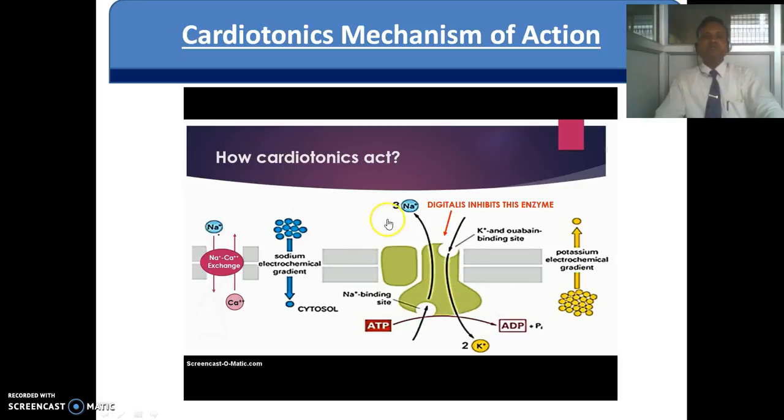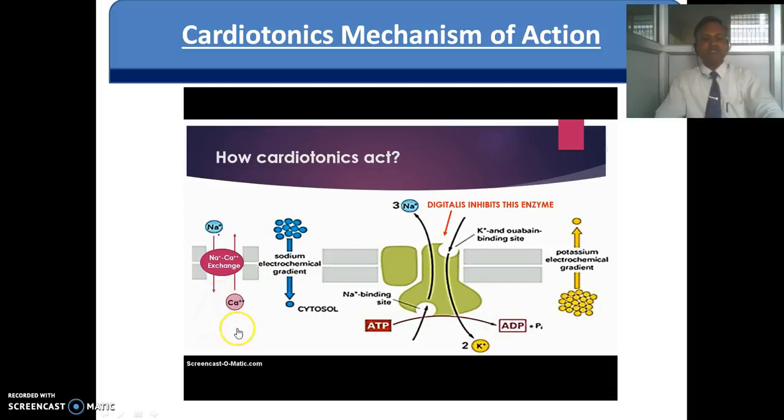Overall effect of this is the amount of sodium outside of the cell is reduced. Why? Because digitalis has blocked this process. Digitalis has stopped the activity of sodium-potassium ATPase enzyme. Now, the amount of sodium outside of the cell is reduced, so the sodium-calcium exchange mechanism is blocked, because there is no sodium available to get exchanged for calcium.